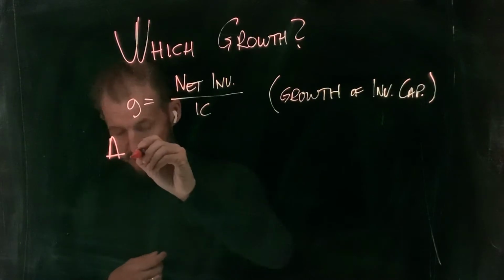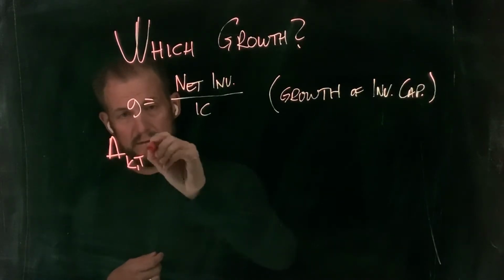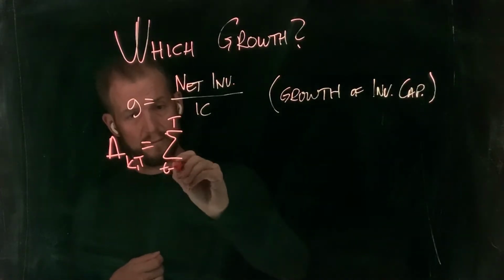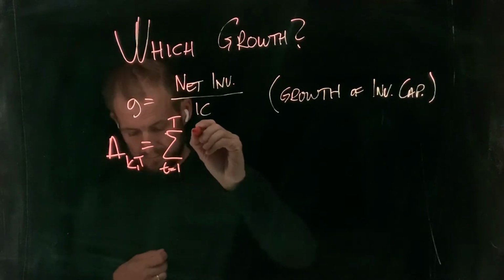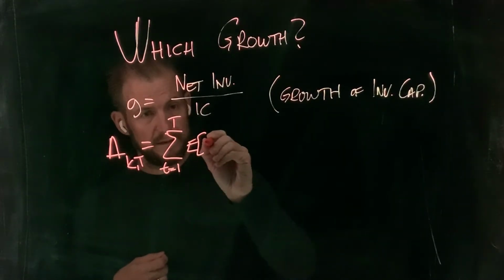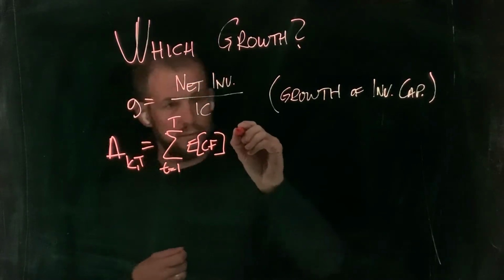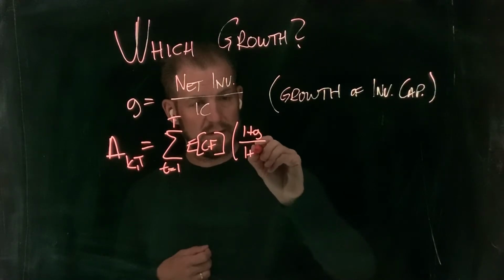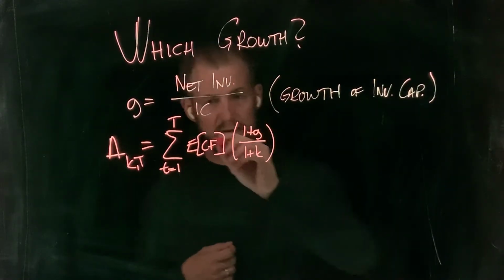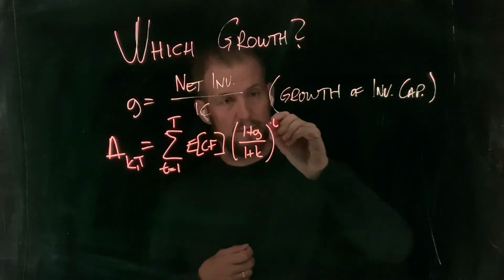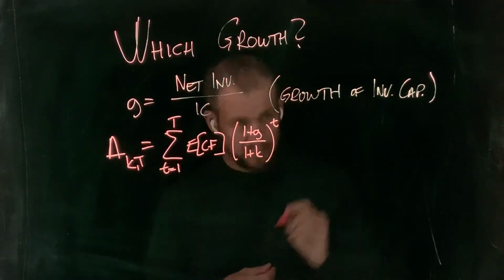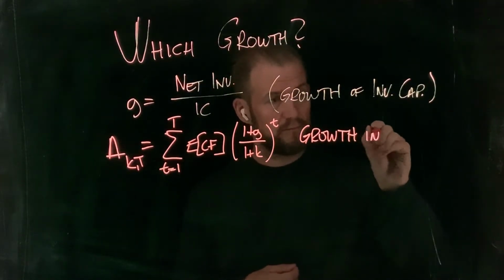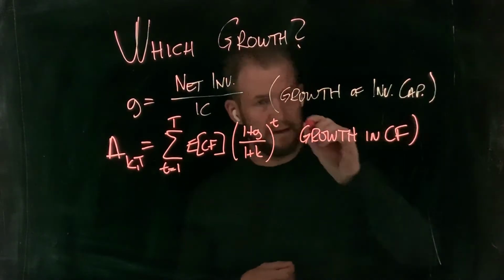So we have this annuity, which essentially is the sum of expected cash flows, where we have an assumption of the growth rate, or it's basically a growth in the cash flows of the firm over time period T. So this would be then a growth in cash flows.